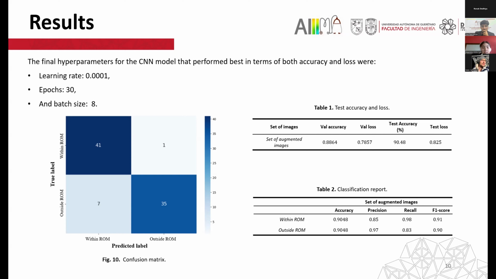It can also be represented in the confusion matrix, where the within ROM class has 7 false positives and 1 false negative, and the outside class has 7 false negatives and 1 false positive.